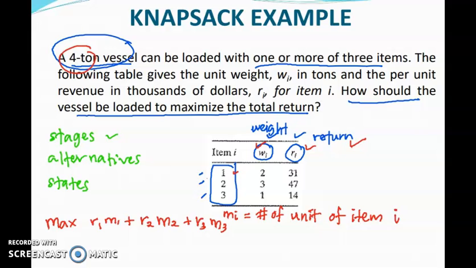If you want to model it like the linear programming or integer programming that we have learned before, basically we want to maximize, and this will be our objective function.